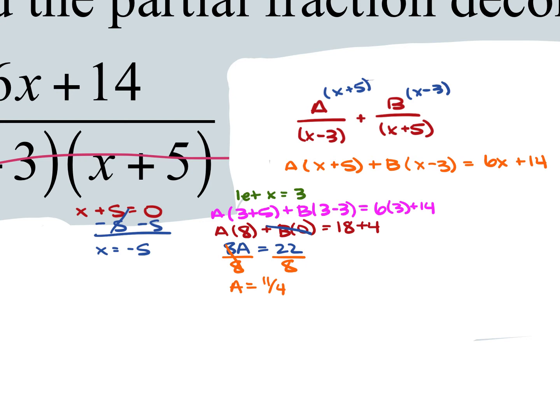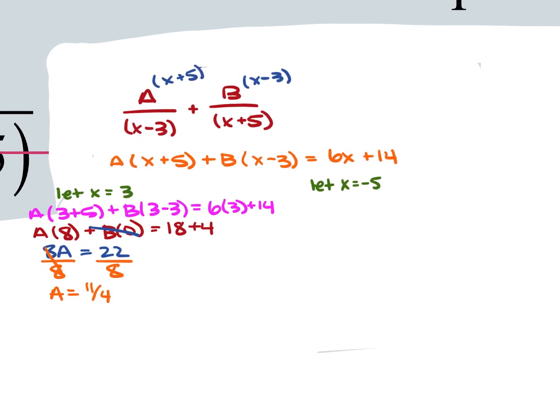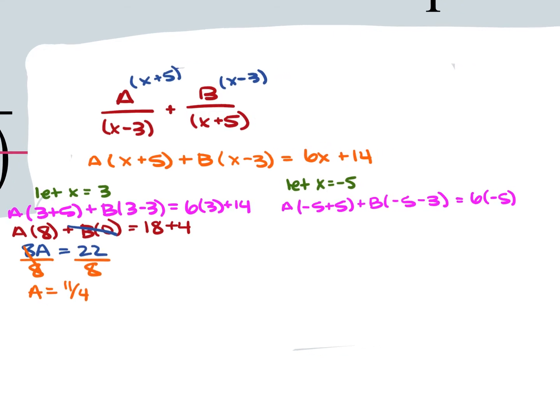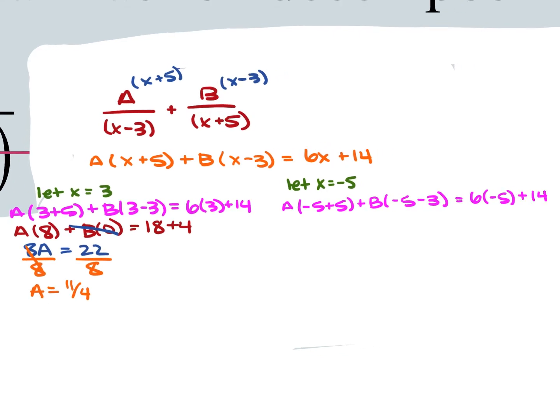You're going to do the same exact thing now, but when x is also negative 5. So plug in that negative 5 everywhere you see an x in that equation. So we're going to have a times negative 5 plus 5 plus b times negative 5 minus 3 is equal to 6 times negative 5 plus 14.